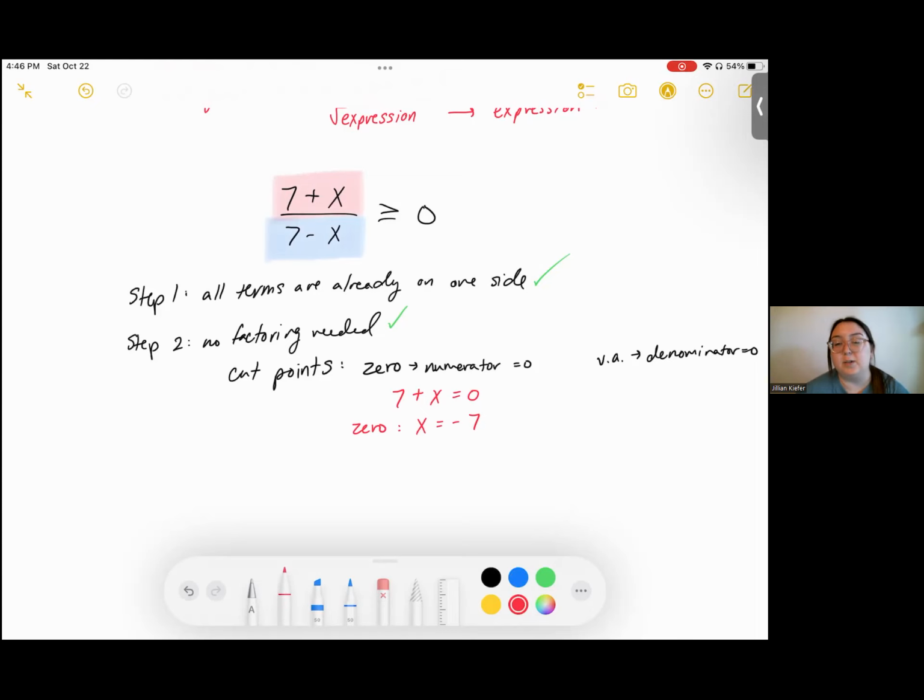For finding the vertical asymptote, you would set your denominator equal to 0 and solve for x. So our denominator was 7 minus x equal to 0. You can add x to both sides, or subtract 7 from both sides and get rid of the negative, but either way you get that x is equal to +7. That's the vertical asymptote. But remember, cut points is just both of them.